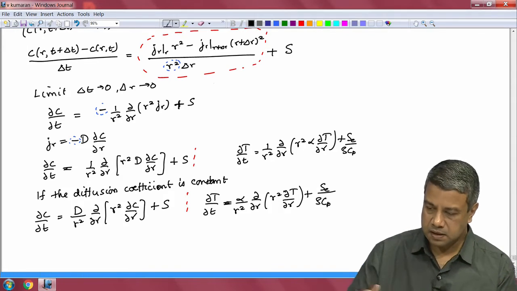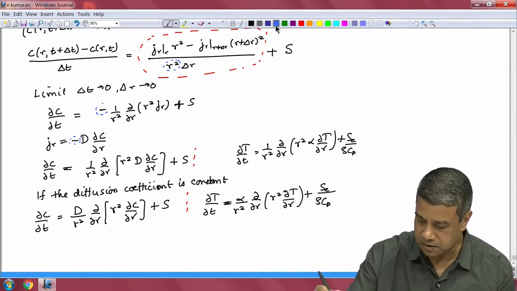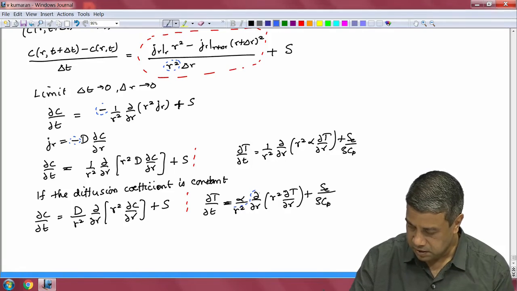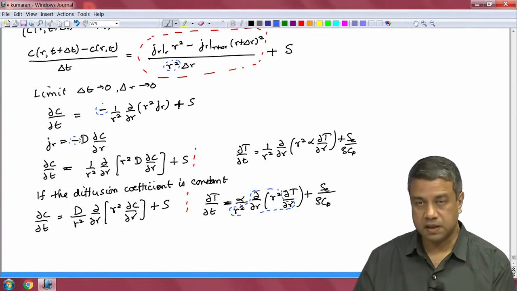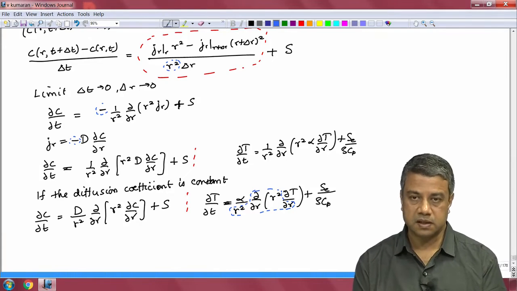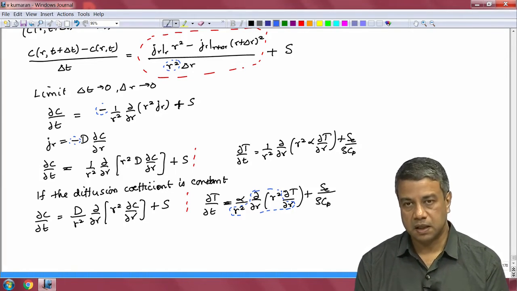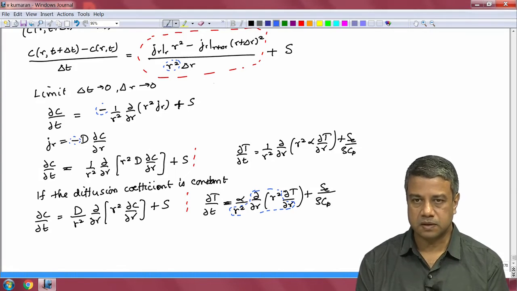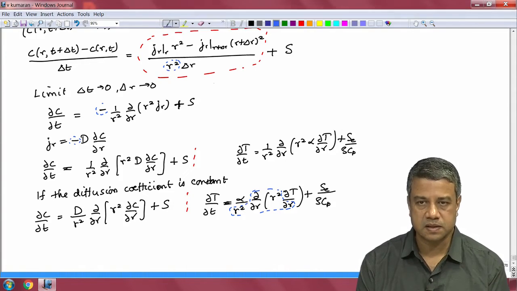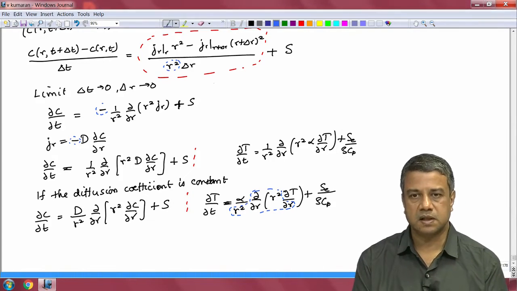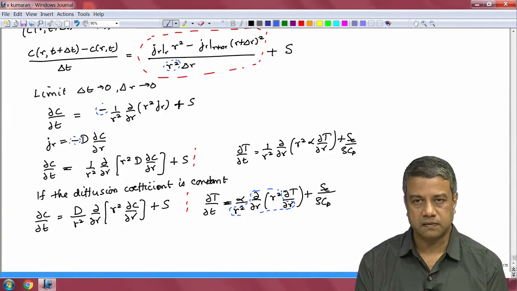And you can see that the differential operator in the spatial coordinate is different from what we had for a Cartesian coordinate system. There it was just d square by dz square, and it is different from a cylindrical coordinate system, 1 by r d by dr of r times dT by dr. In a spherical coordinate system, the surfaces of constant r are spherical surfaces.